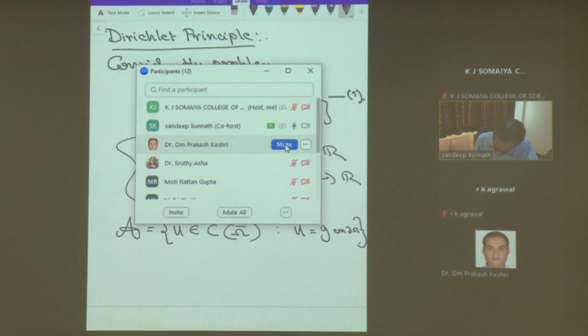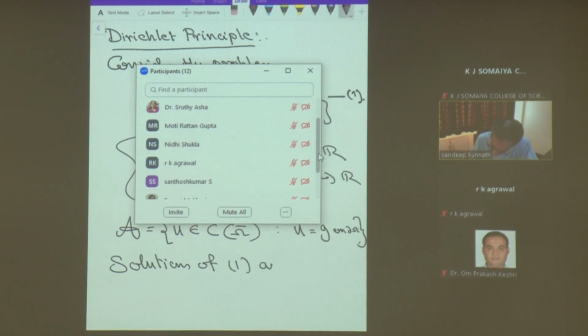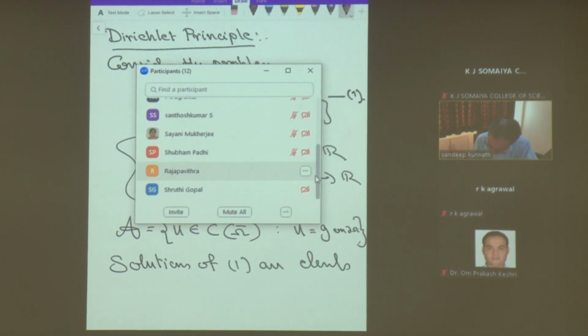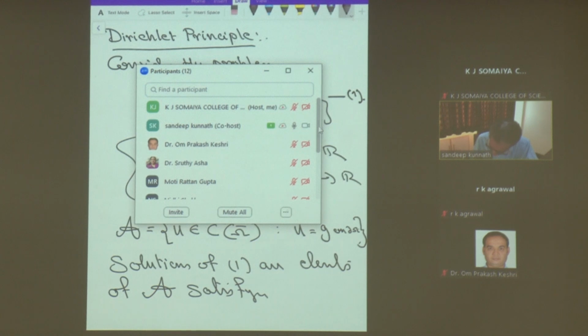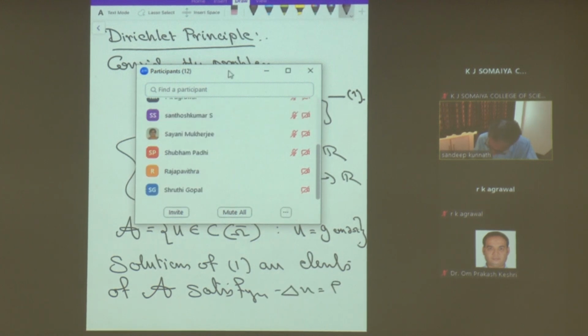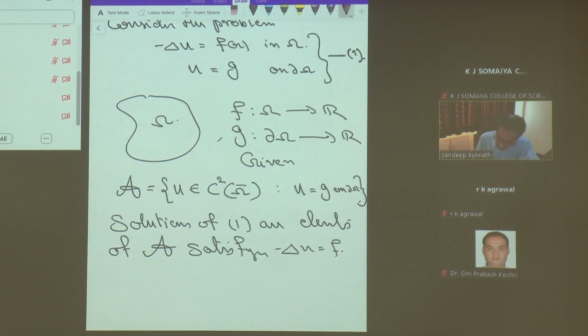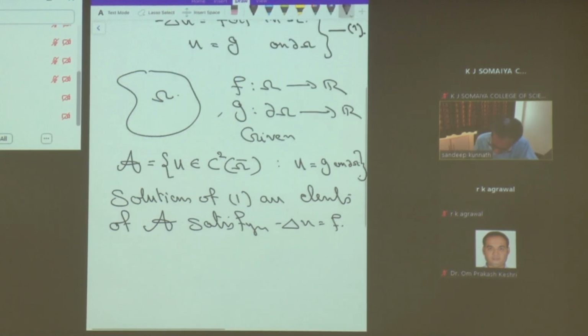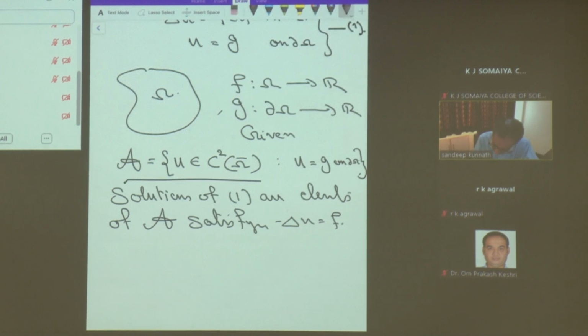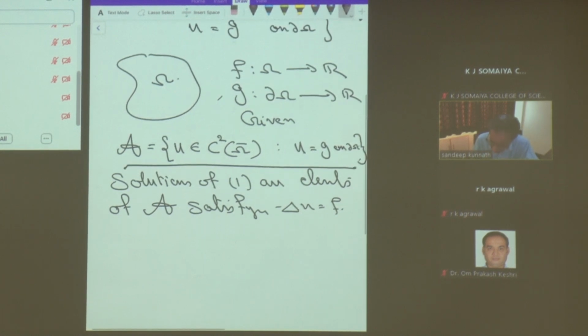Then we know that solutions of 1 are elements of A satisfying minus Laplacian of u equal to f. Now, what does the Dirichlet principle say? The script A is this class of functions, all twice differentiable functions, which are equal to g on the boundary.